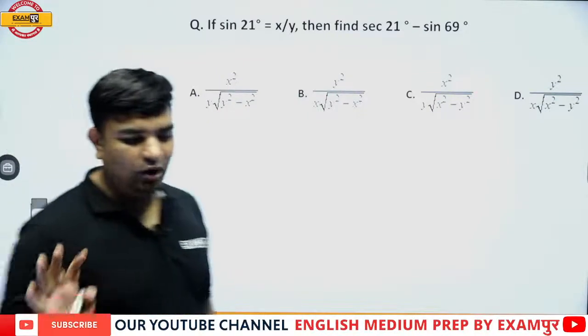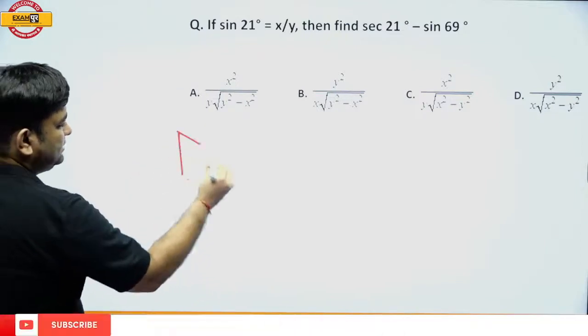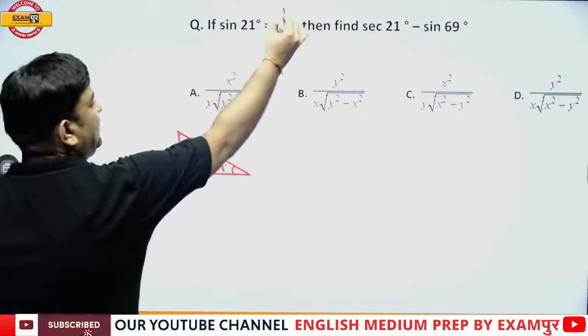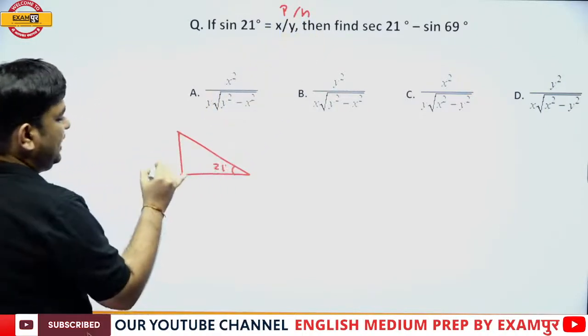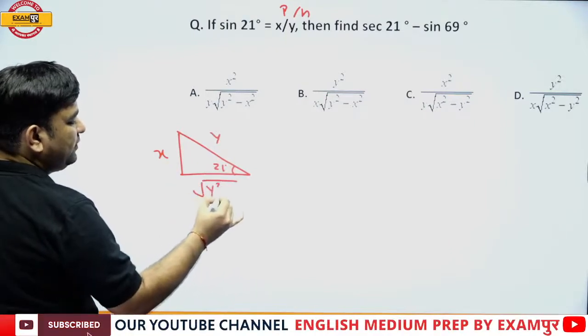If you draw a 21-degree triangle, sine is perpendicular over hypotenuse. So x is perpendicular, y is hypotenuse.